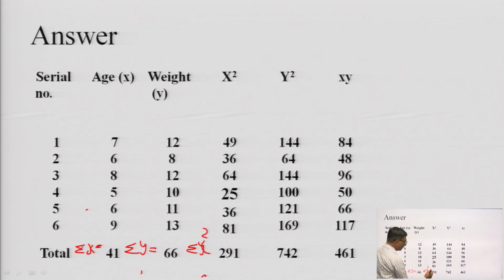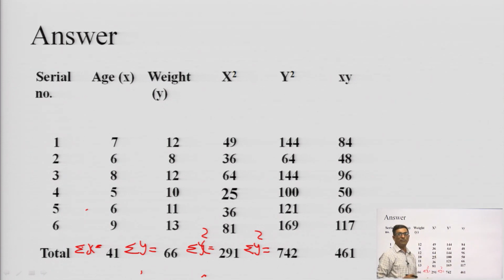And similarly we find the value of y square. We square the values of y: 12 twelves are 144, 8 eights are 64, 12 twelves again 144, 10 tens are 100, and we find the sum of these terms, summation y square.